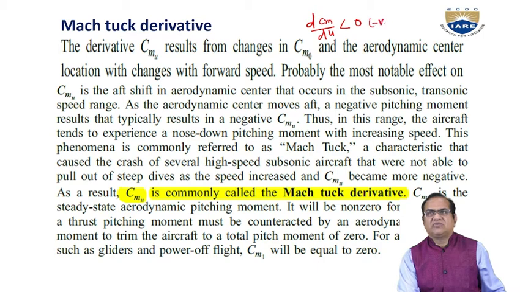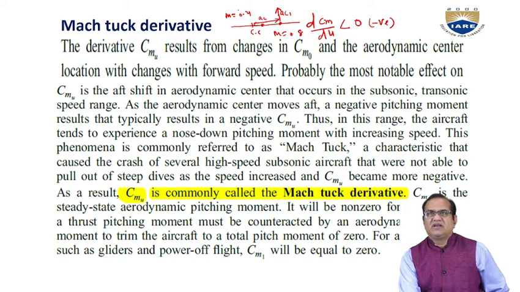If it is like this, what will happen? Initially this is the CG, and initially AC was here at M equal to 0.4. As you increase to M 0.8, this AC may be here, this is AC 1. So the lift will act here, and this distance has increased.